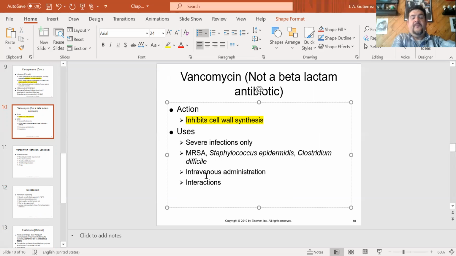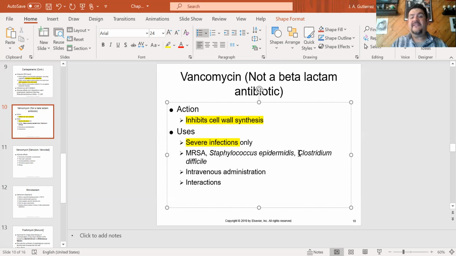Vancomycin is used mainly in hospital settings, mainly IV, and only for severe infections. So same thing as a patient that already went to other antibiotics, there's a resistance, and we can use vancomycin. So it can be used against MRSA. It can be used against Staphylococcus epidermidis.